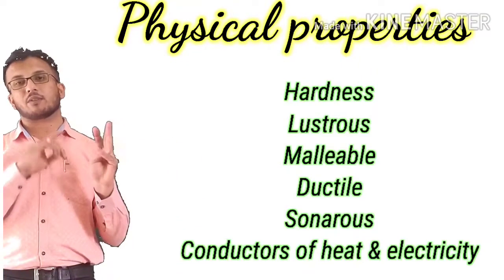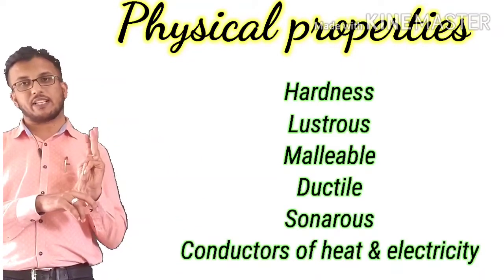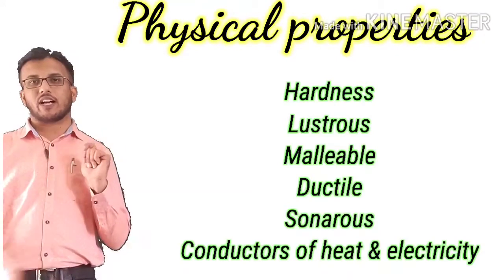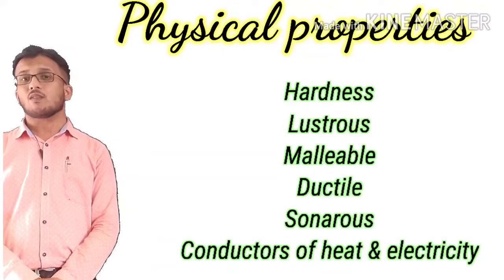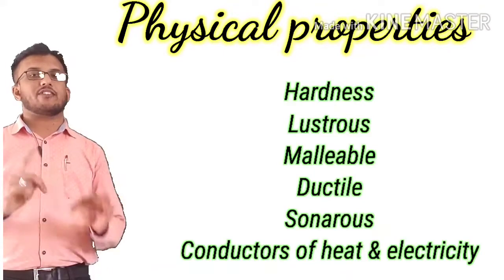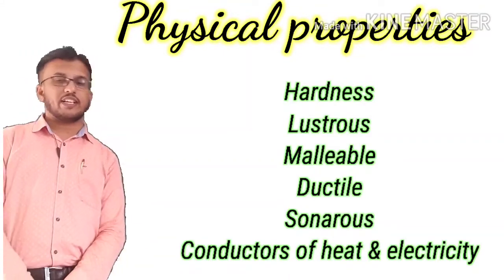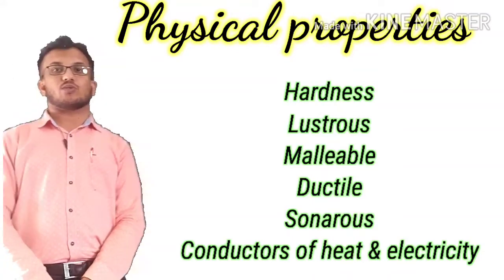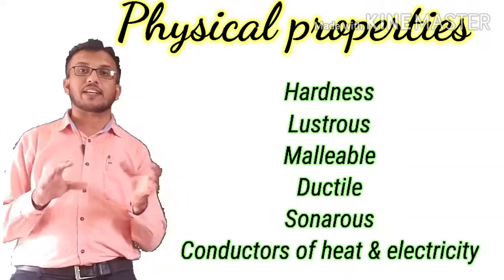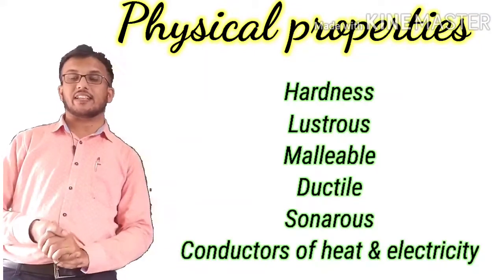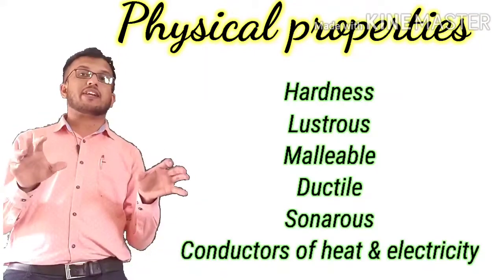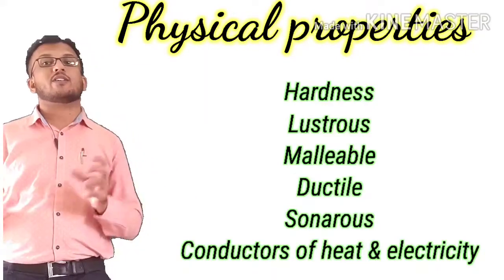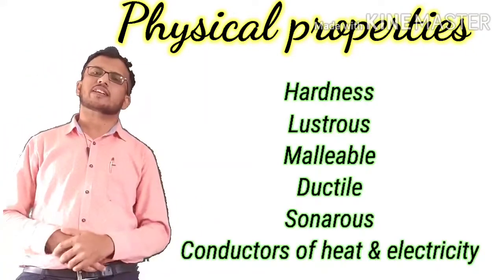So the first property we learned was the hardness of metals and non-metals, the second was lustrous nature, and the third was malleability. The fourth one we are going to learn is ductility. Generally, dear students, metals are ductile, whereas non-metals are non-ductile. What is the meaning of ductility?